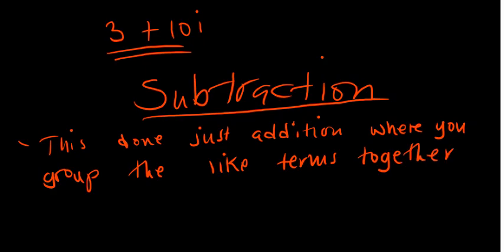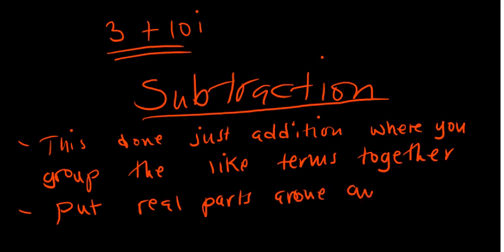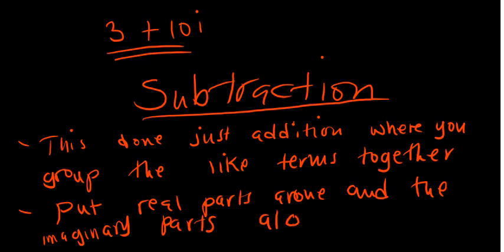Which means you put the real parts alone and the imaginary parts alone. So that's how you subtract complex numbers. So let's give an example.